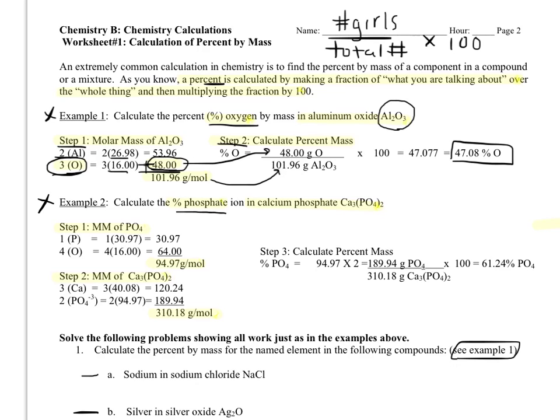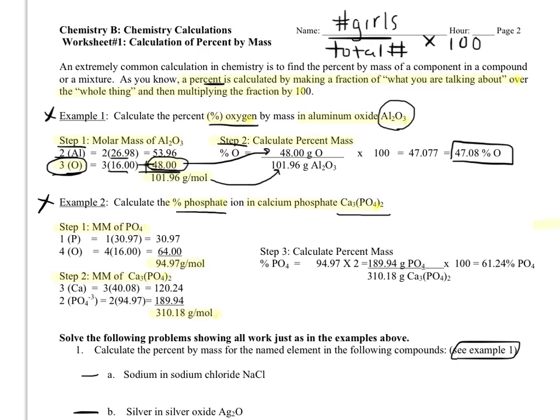In our second example, it asks you to calculate the percent of phosphate in calcium phosphate. Phosphate is PO4. So they want to know, of the entire mass of the Ca3(PO4)2, how much of that mass is coming from phosphate.